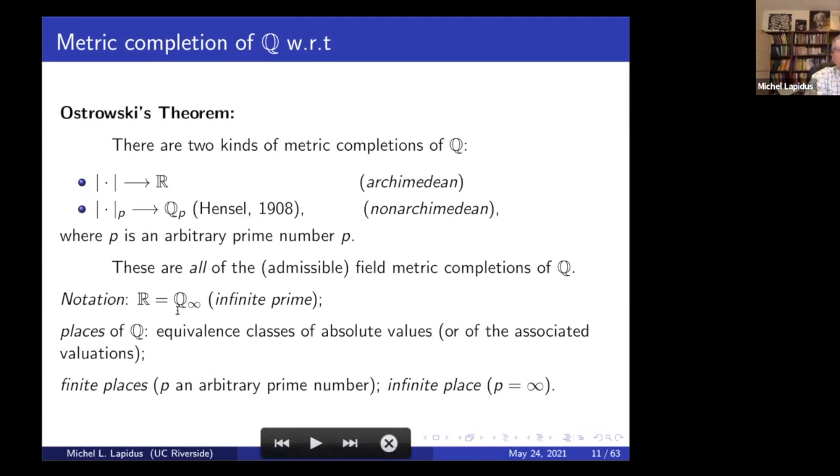And of course, in general, one writes R equals Q infinity to stress the fact that in some way this corresponds to the prime at infinity.